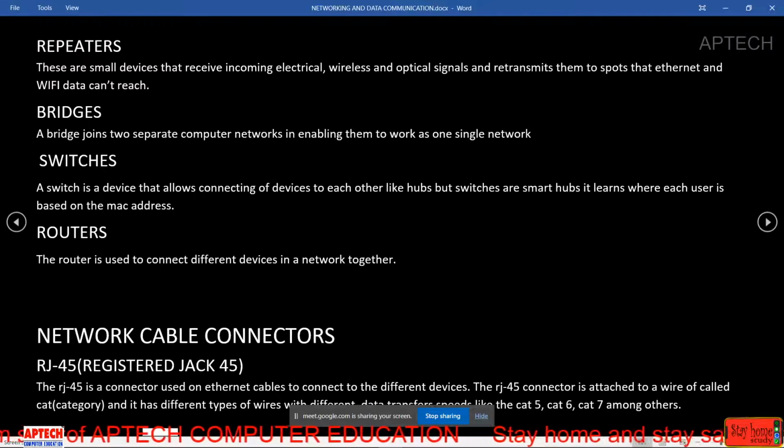Now repeaters. They are small devices that receive incoming electrical, wireless and optical signals and retransmit them to spots that the Ethernet and Wi-Fi data can't reach. In most networks, like let's say at Isbot, the building is a flat.